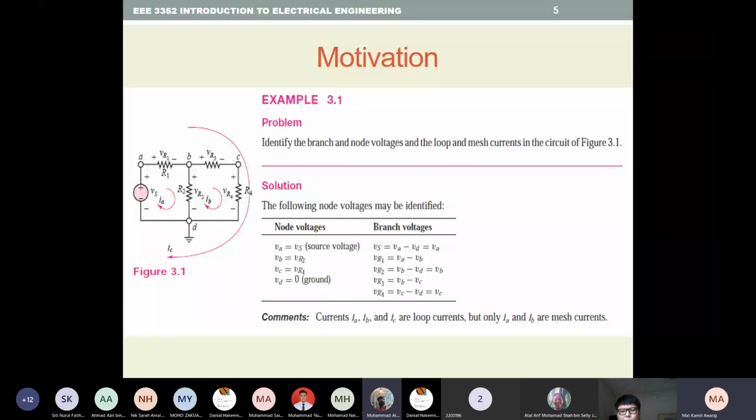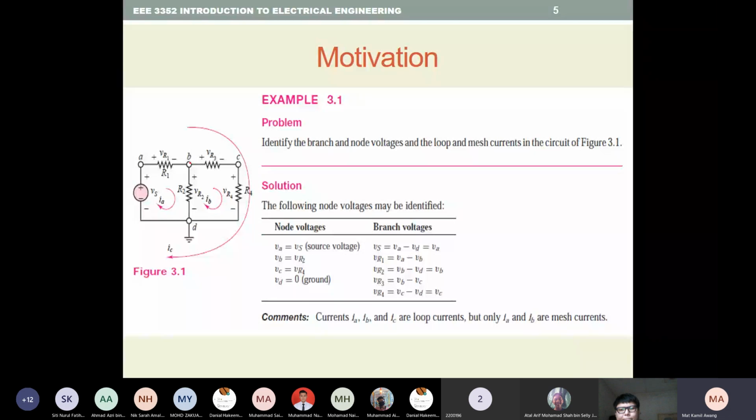Now, what is the node voltage? VA is equal to Vs, the voltage of this voltage source, right? Source voltage. What is VB?